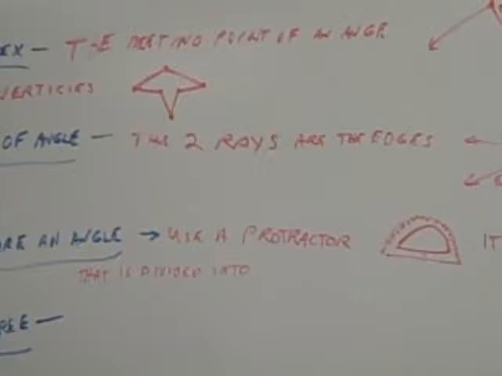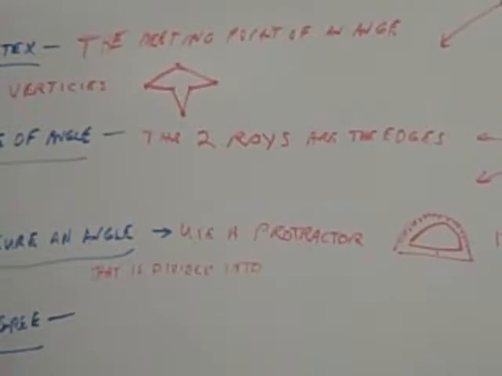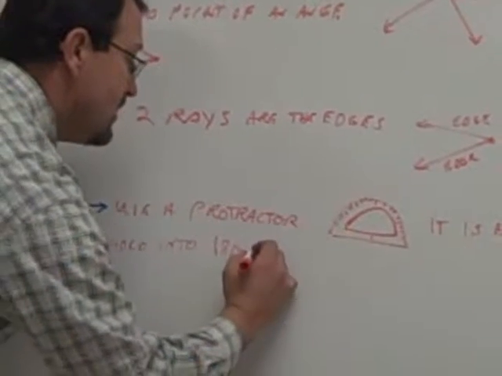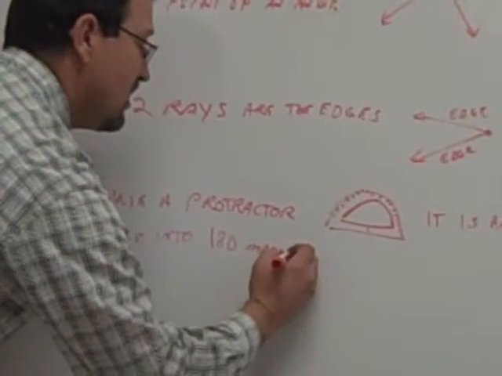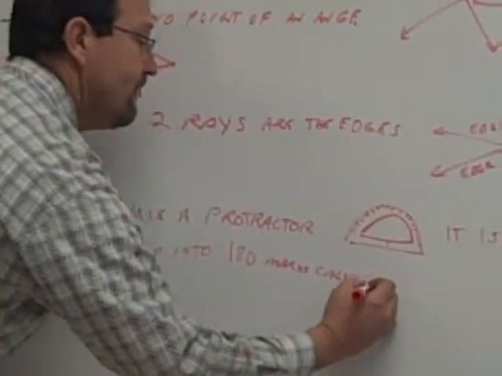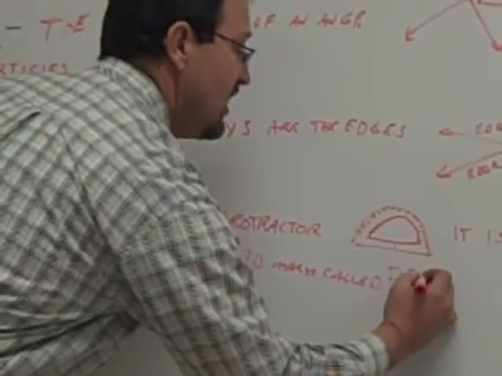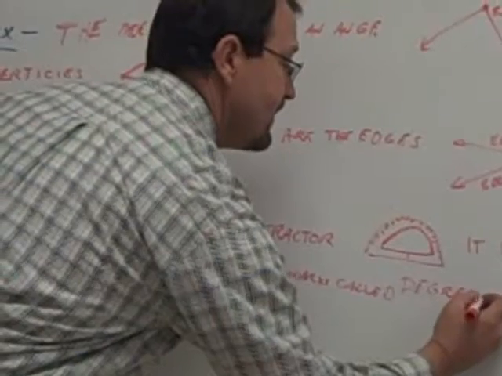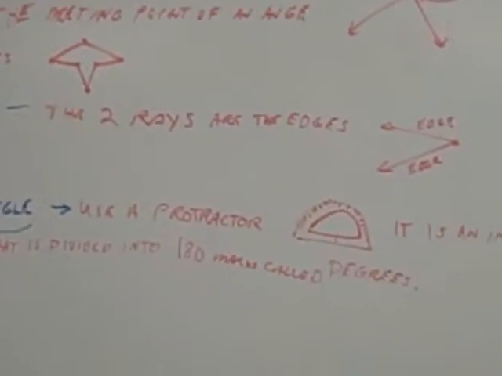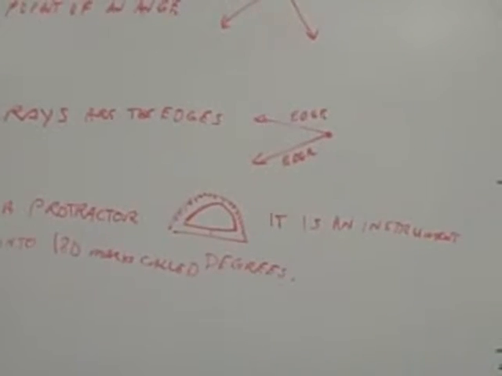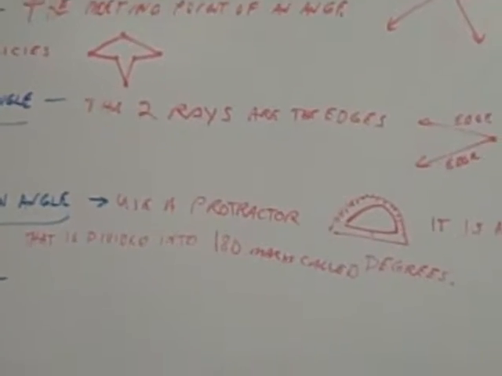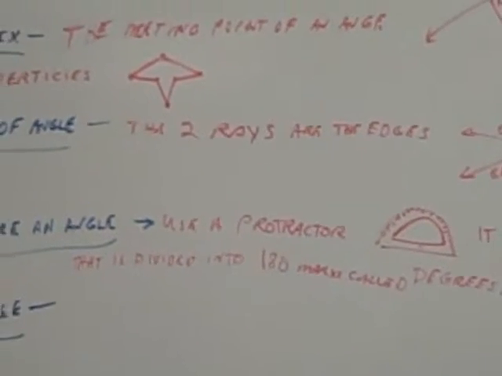How many? 360. Nope. 180. 180 marks called what? Degrees. Like temperature, but temperature is a different measure. We do have degrees, called degrees.